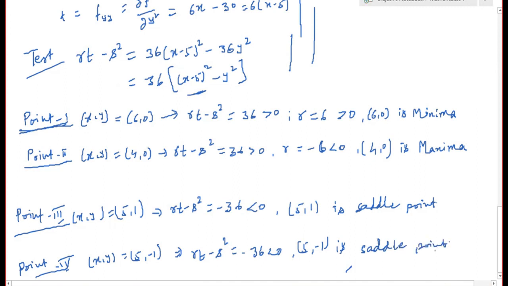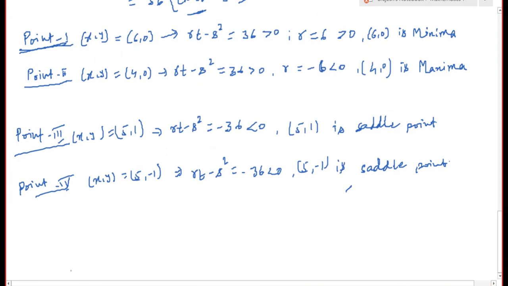Once we talk about the maxima and minima, 6, 0 is the minima. So the value of f of xy at the minima, that is f of 6, 0, you can get by putting this value in the function.